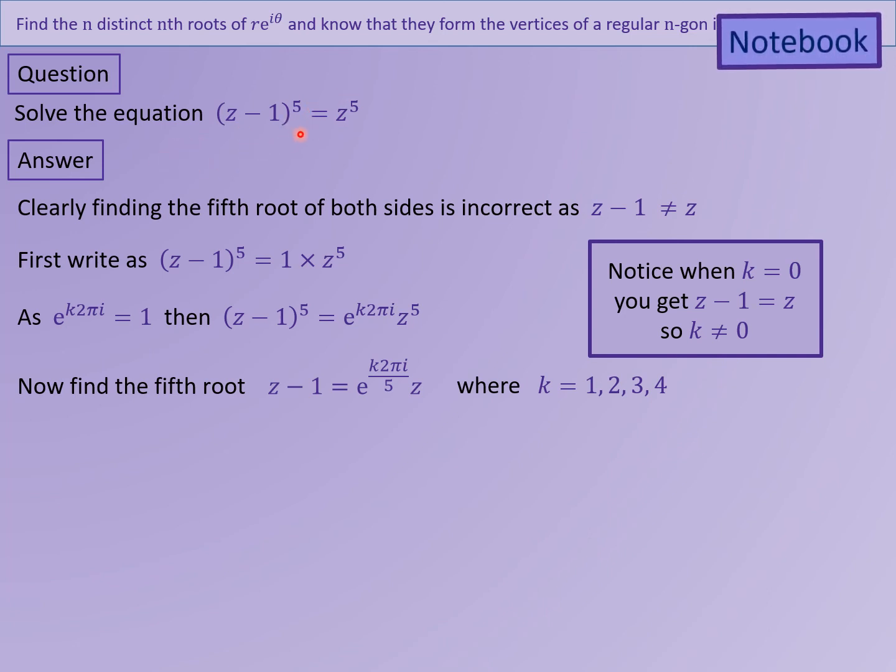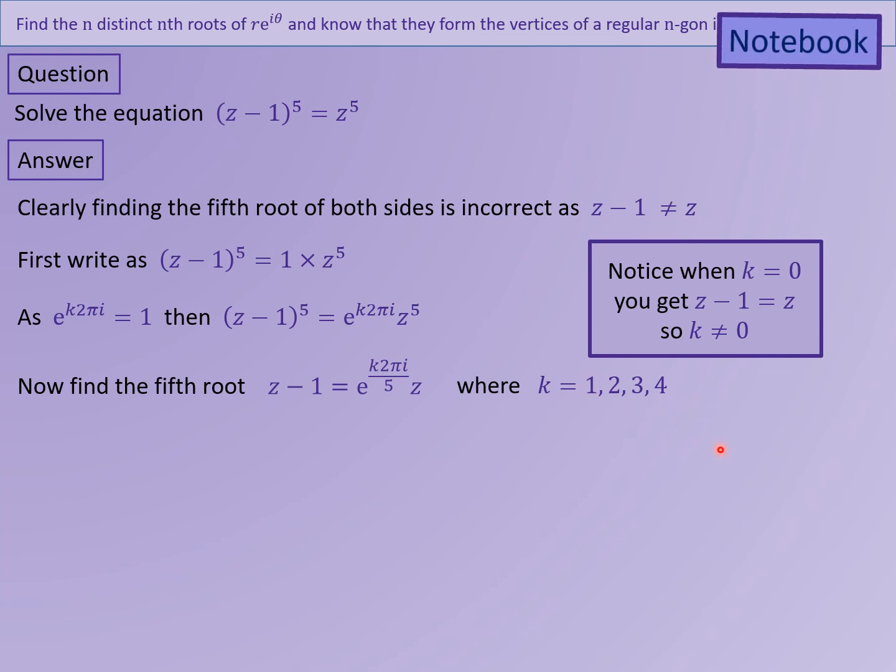And so what you end up with is z to the power 4 equals 0. Although these are both to the power 5s, what you're actually dealing with, if you expanded this side and cancelled out the 5s, is a z to the power 4, which is why you have only 4 possible answers, not 5.